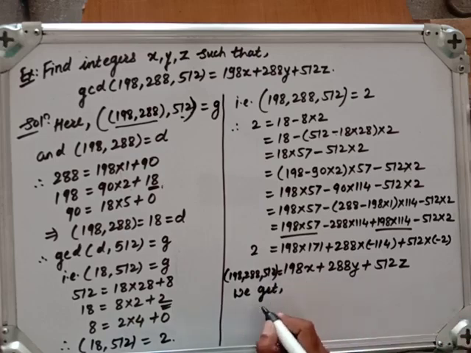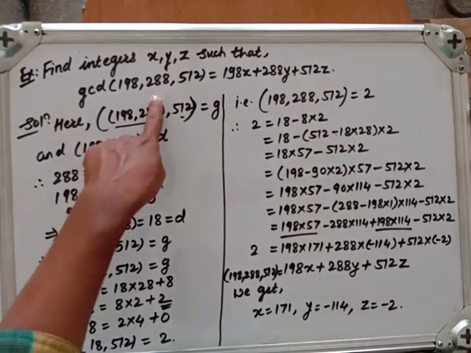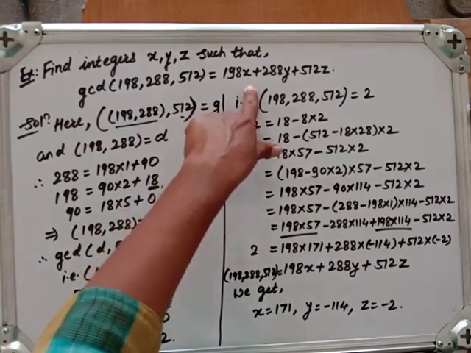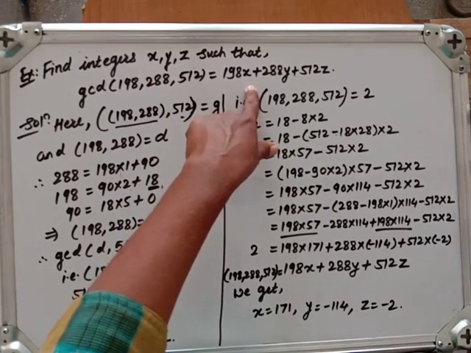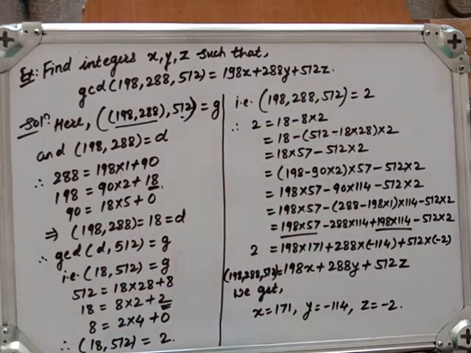We get x equal to 171, y equal to minus 114, and z equal to minus 2. So if the GCD of 3 numbers is asked, you can easily determine that, and if the linear combination and this x, y, z you have to determine, then also you can easily determine these. So with this example from my side this course is over, but if you have any query you can ask me.